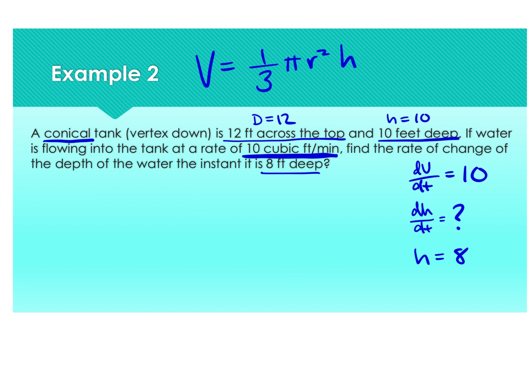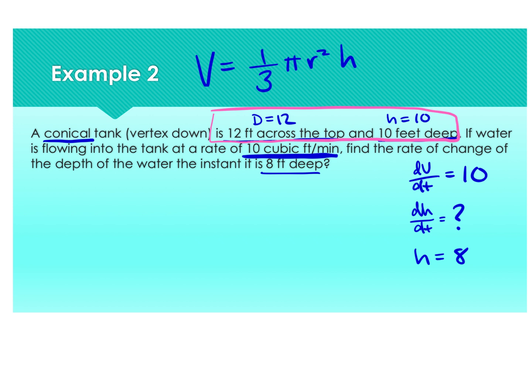So this question's similar to the last one. It doesn't give us dr over dt, even though our radius is changing. So we need to put r in terms of h. So we're going to use these 2 pieces of information, the fact that d is equal to 12 and h is equal to 10, to help us replace r in terms of h.